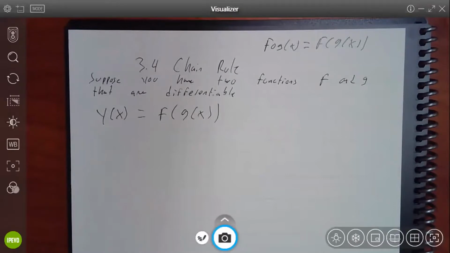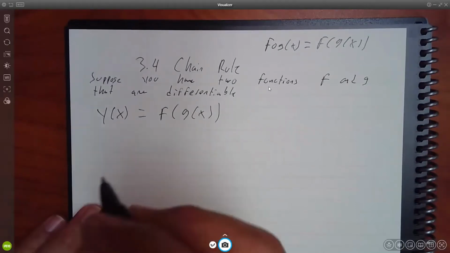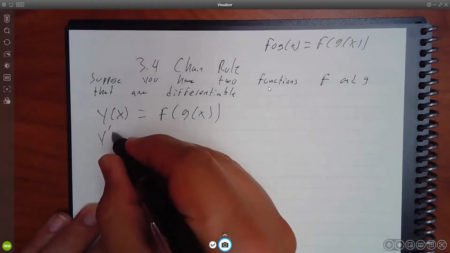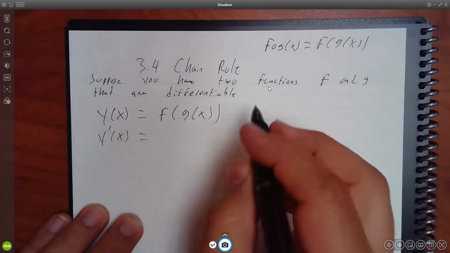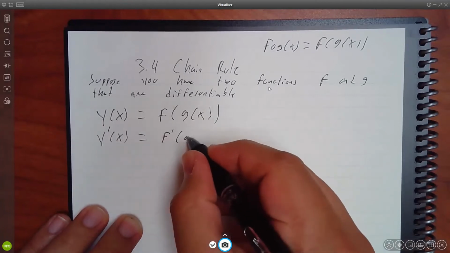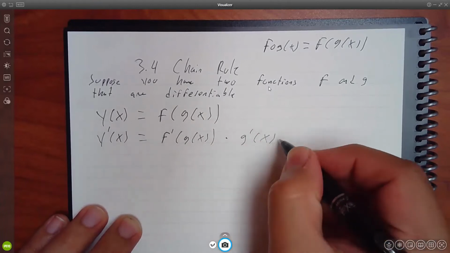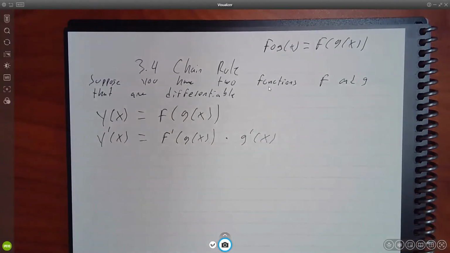So given this composition, the derivative of y, the derivative of this composite, would be the derivative of the outside, leaving the inside alone, times the derivative of the inside. That's how you find it. This is the chain rule.